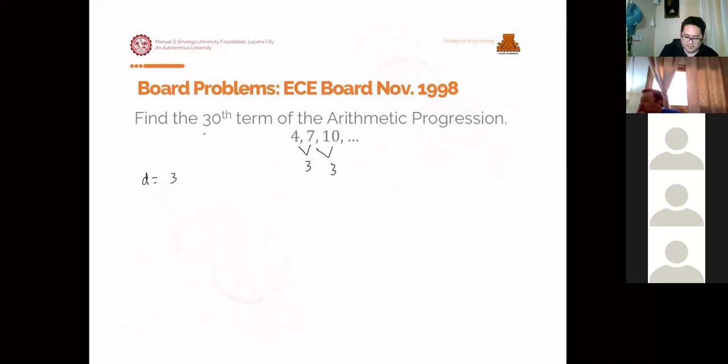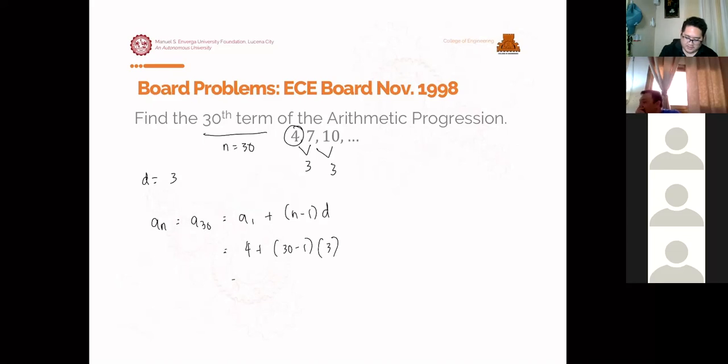Ang pinapahanap is 30th term, so ang n natin is equals to 30. Ang a30 is equals to a1 plus n minus 1 d. Substitute natin, yung a1 natin is 4 plus yung n natin na 30 minus 1, ang difference natin is 3.